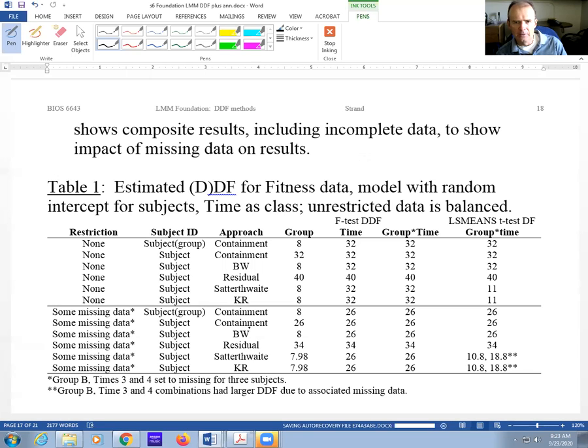But for a lot of models that are unbalanced, or where you may have missing data, or a more complex specification of the model, you can think of developing test statistics that are functions of parameters in our model, and then we estimate those using maximum likelihood. But since the models are more complicated, we have to estimate degrees of freedom.